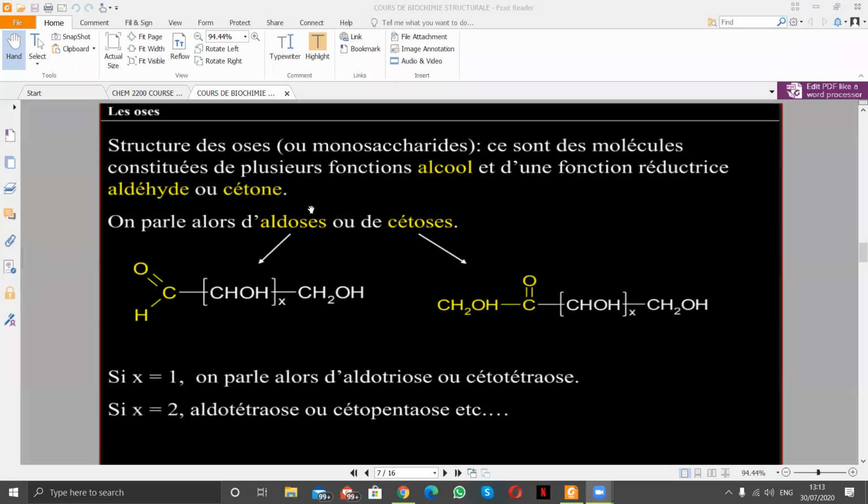For an aldose, the bond is formed on the first carbon. For a ketose, it's formed on the second carbon. That's what differentiates aldose from ketose. Are we together?